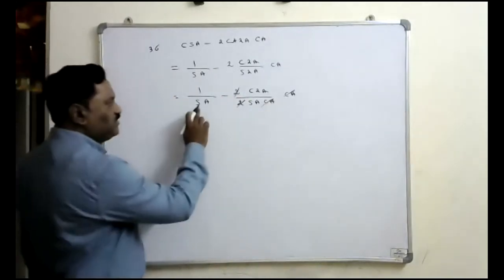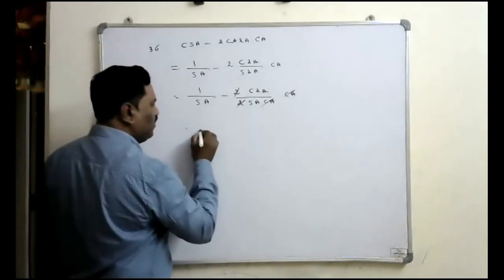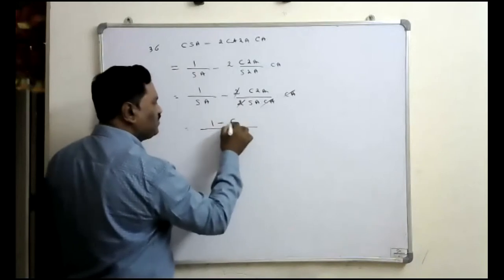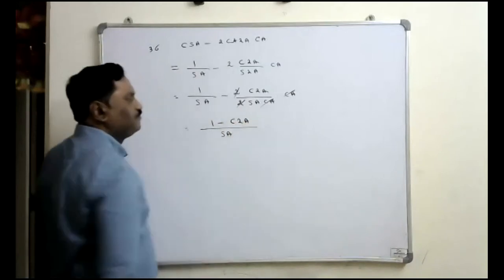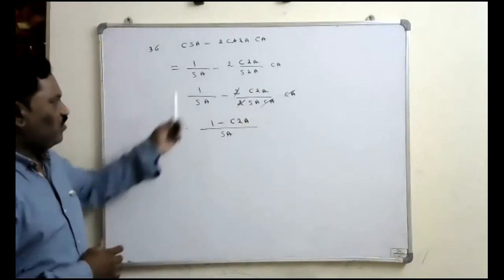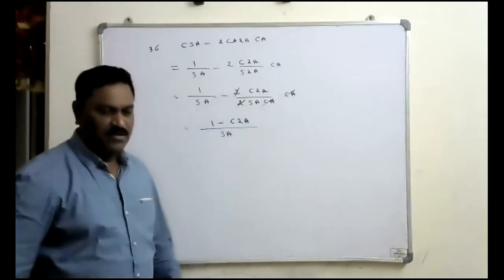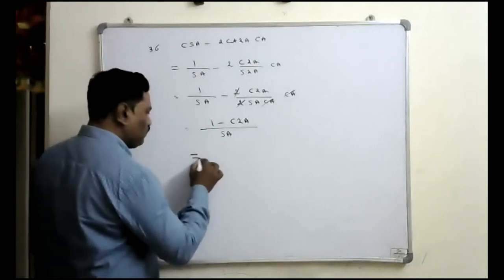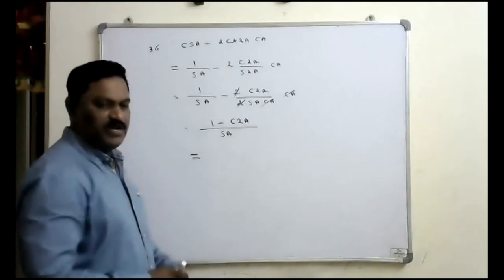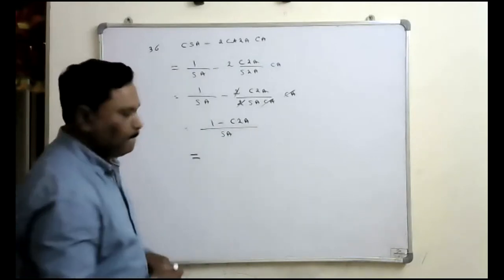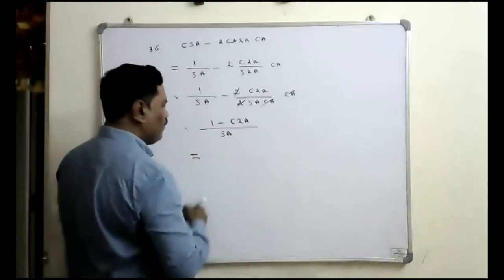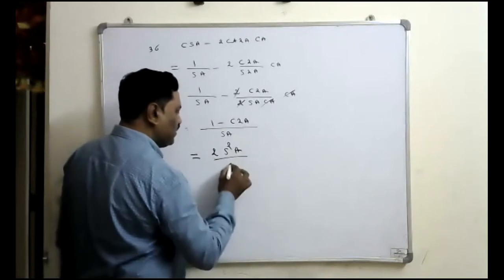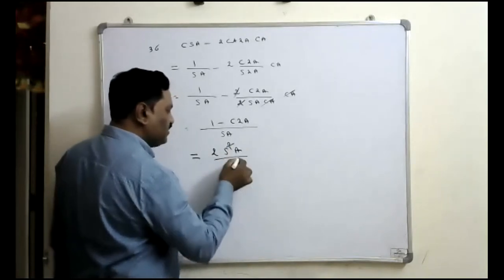Then sin A is in both terms, so the LCM is sin A. In the numerator you get 1 minus cos 2A. What is the formula for 1 minus cos 2A? 2 sin square A, upon sin A, where sin A gets cancelled.